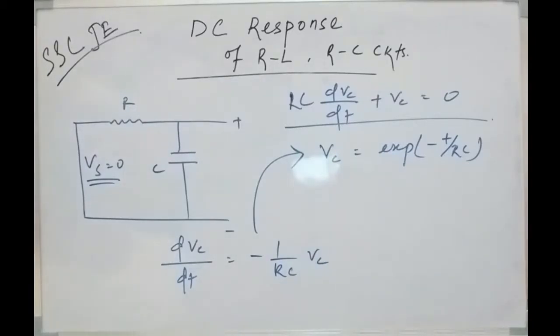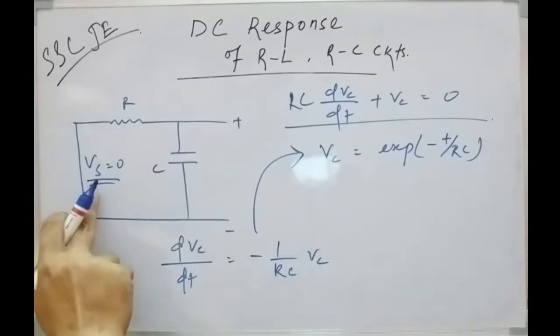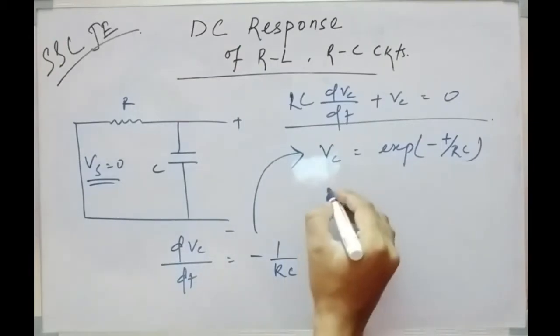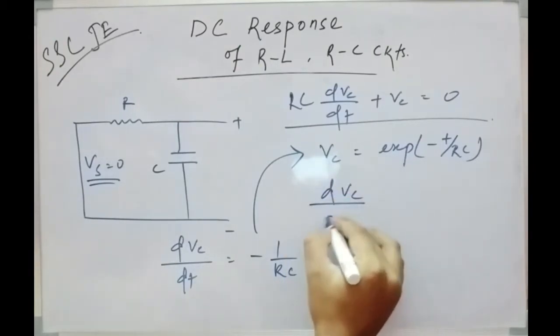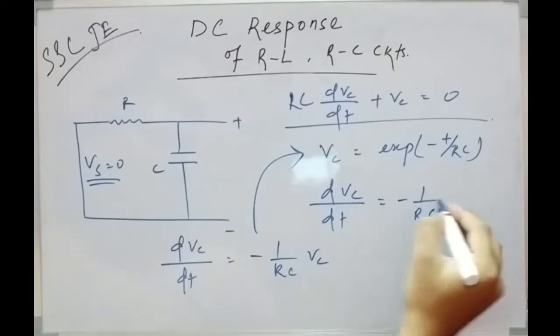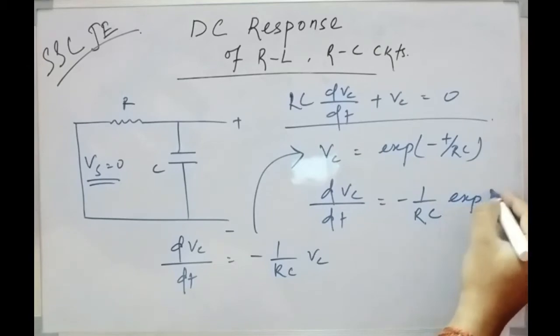When you get a homogeneous equation, when you take the case where Vs equals 0, then if I put the expression for Vc here, I will get dVc by dt equals minus 1 by RC exponential minus t by RC.